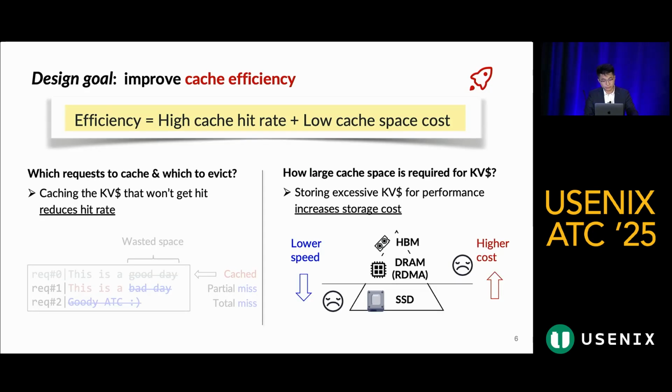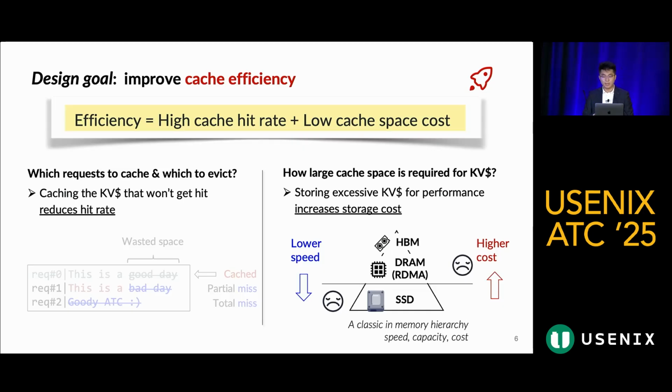The second question to answer is how much cache space is required for KVCache. Answering this question is also important because it is critical to the cost of deploying an LLM service. Achieving low cost is also challenging for the KVCache cache subsystem because, since GPU computes really fast, the KVCache needs to be placed at a high-speed memory medium like DRAM, including both the GPU HBM and RDMA-accessible remote host memory.